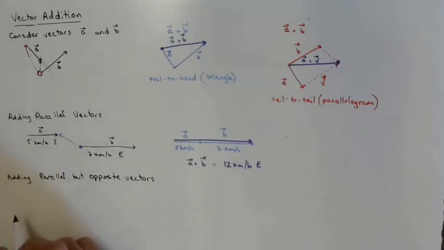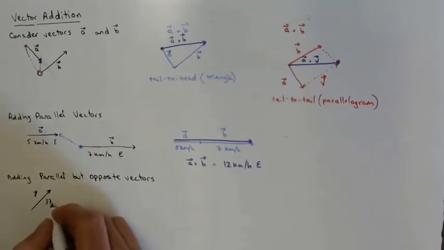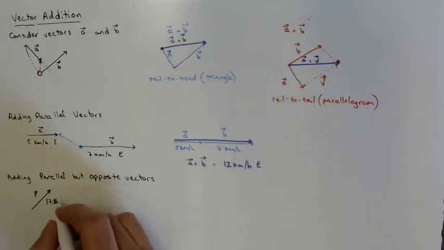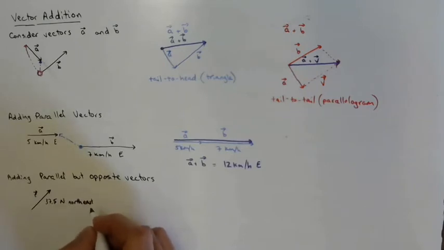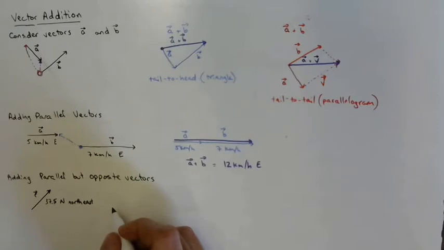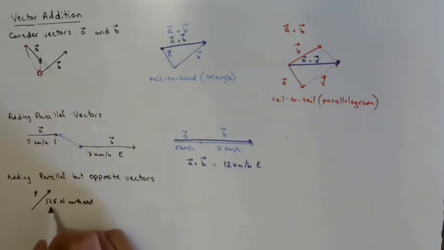So we have a situation maybe where we have vector C, which is 37.5 newtons heading northeast.